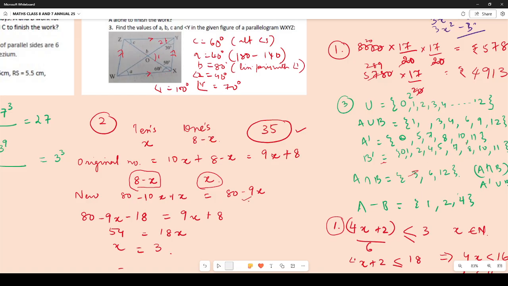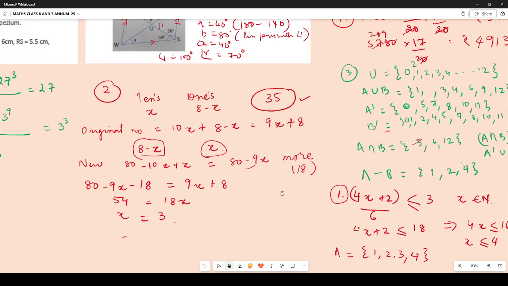Now remember that this new number is more, 18 more than the original number. So we subtract 18 from this, or add 18 to the original number, and when you solve this you get the value of x as 3.